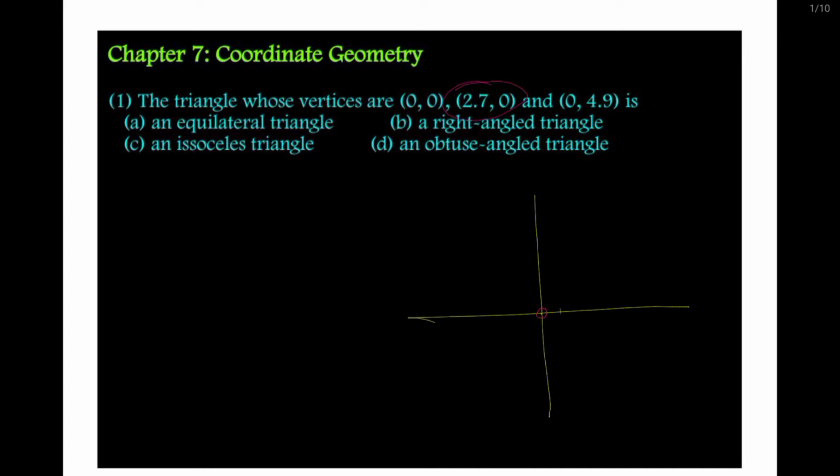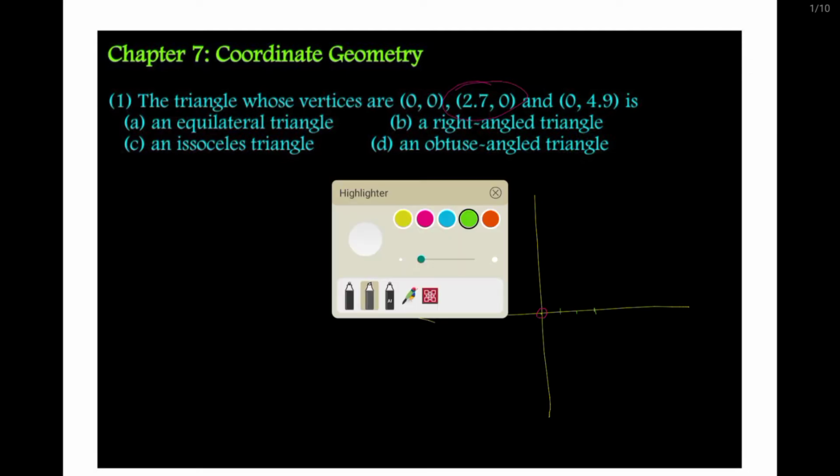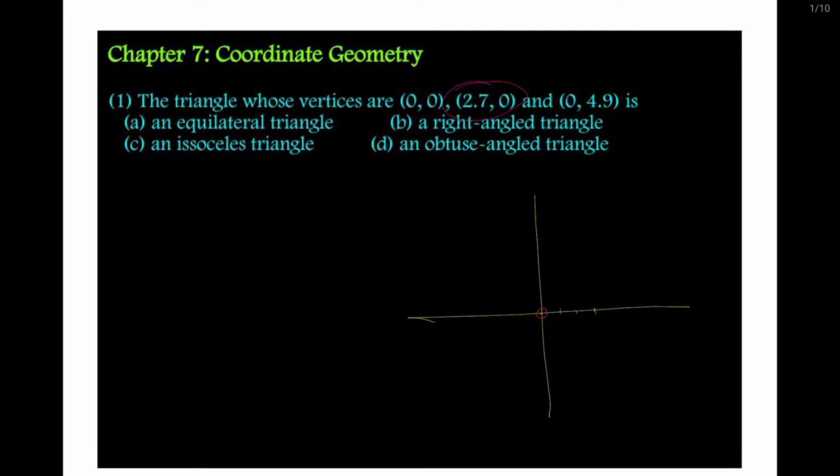Suppose this is 1, this is 2, this is 3. 2.7 will be somewhere in this place. This is just an assumption, it is not an accurate graph. And for (0, 4.9), 1, 2, 3, 4, and 4.9 will be somewhere here.